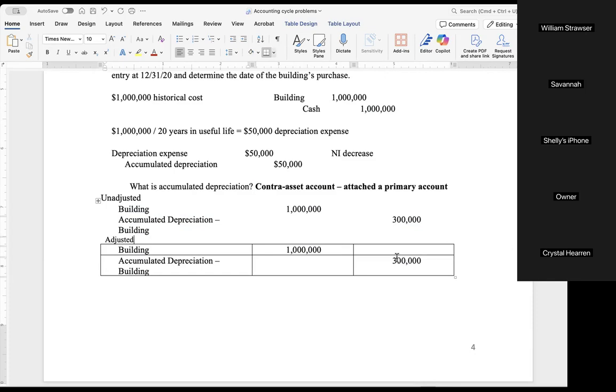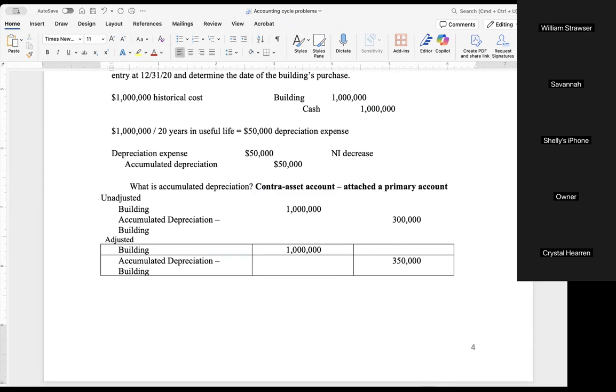No. Would the accumulated depreciation change? Yes, it would change from 300,000. It's at 300, so after the adjustment it'll be at 350. Correct. So my adjusted at that date is going to be at 350. Excellent. That's what I was looking for.